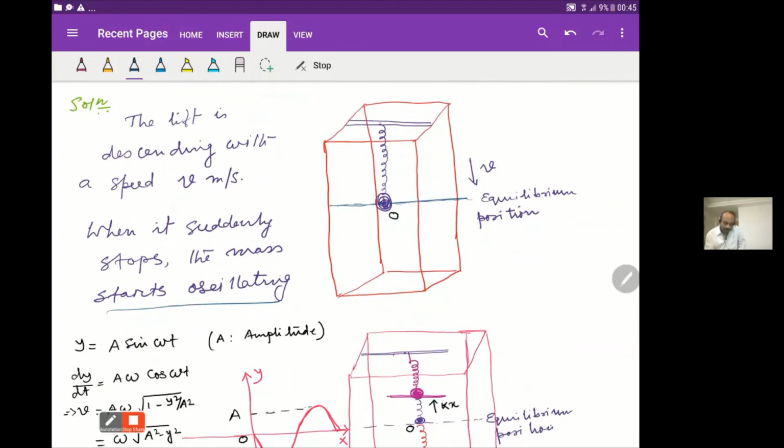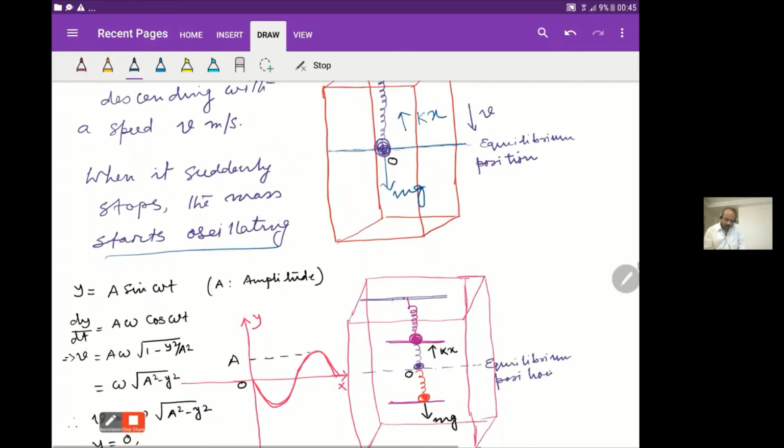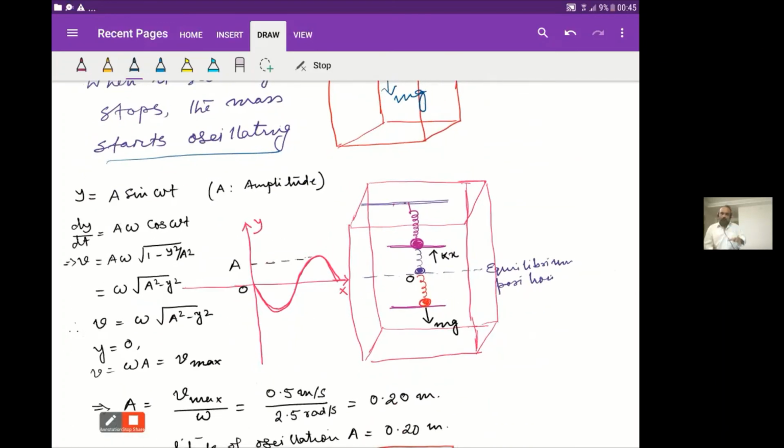So when the lift stops, the force is acting downwards over the mass and the restoring force is acting upwards, which is kx. So as the lift has stopped, suddenly the mass will start oscillating and it will oscillate like this.